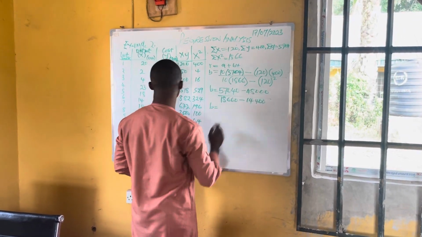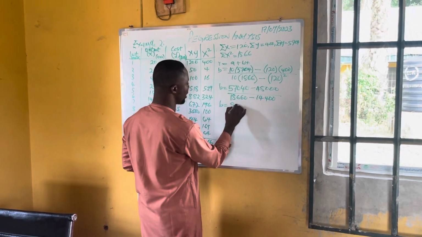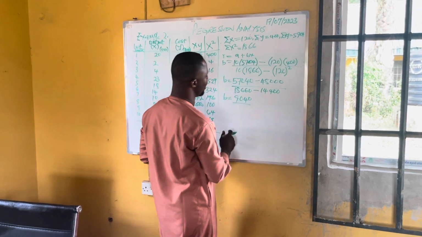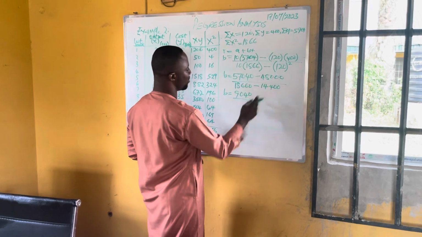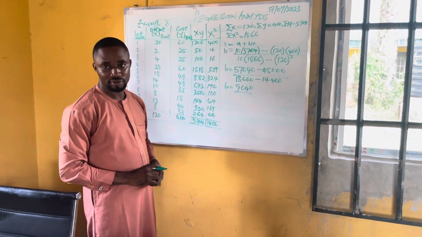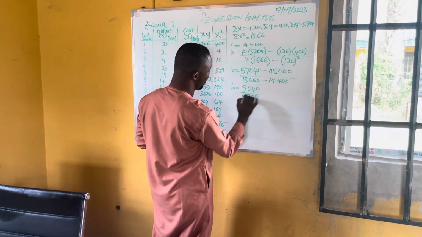So b is equal to this minus this. 57,040 minus 48,000 is 9,040. Are we there? This minus this. This times this minus this will give us what? 4,260. Are we together?